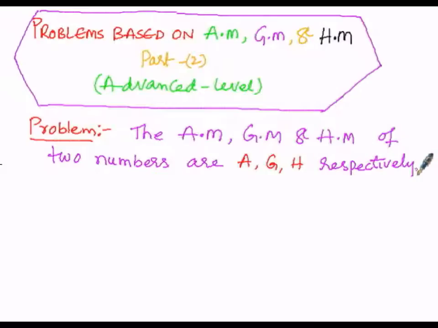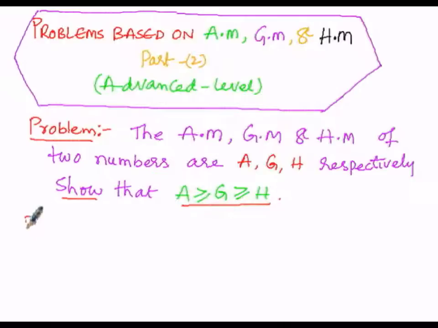So here arithmetic mean is given by capital A, geometric mean by G, and the harmonic mean by H respectively. Then we have to prove that A is greater than or equal to G, greater than or equal to H. This is to be proved. Since we have to show this condition, the proof starts now.